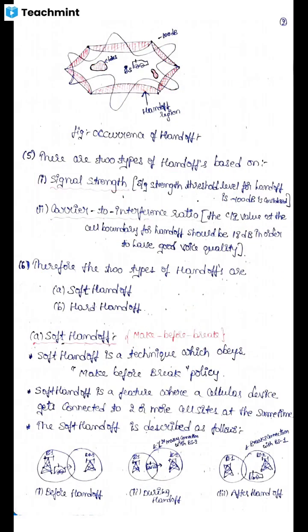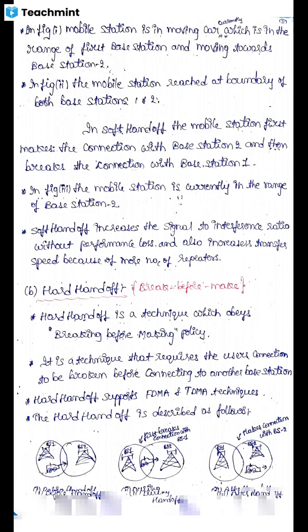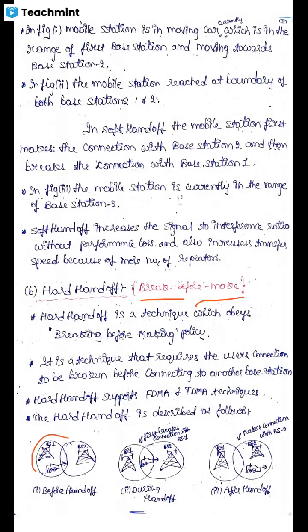Then coming to hard handoff. Hard handoff means the break before make policy. Again consider this first diagram. In base station 1, the mobile unit is there, and this mobile unit is moving to base station 2. When this mobile unit reaches the boundary conditions, what will this mobile unit do? First it breaks the connection with base station 1.